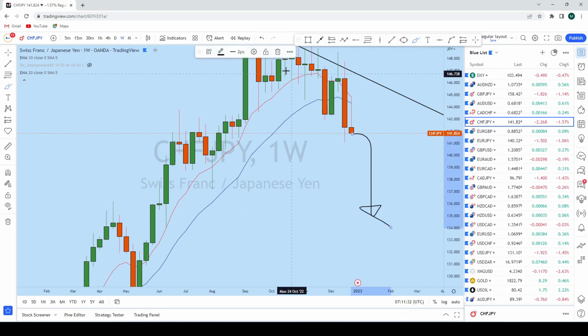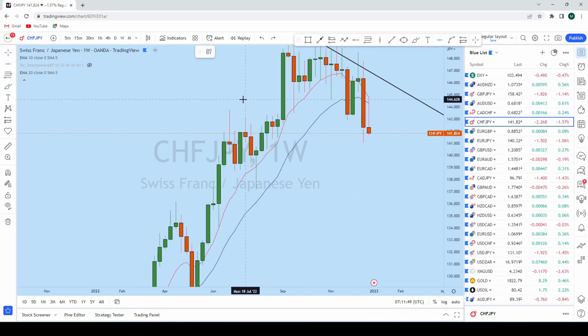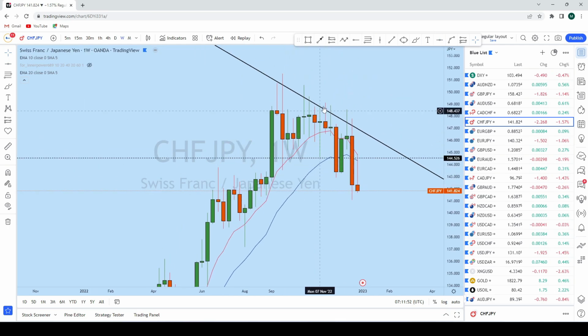There are 2 probabilities on this one as well: either it opens with a gap and then drops, or the price goes ahead and tests the high long wick of this weekly candle and then drops from this zone. If we draw a possible level where we can expect CHFJPY, this is the neckline of this reversal pattern. There is a probability for the price to test this level and then drop, or even drop from here.